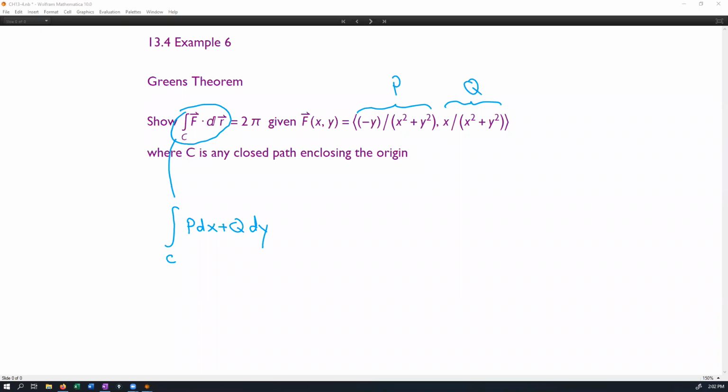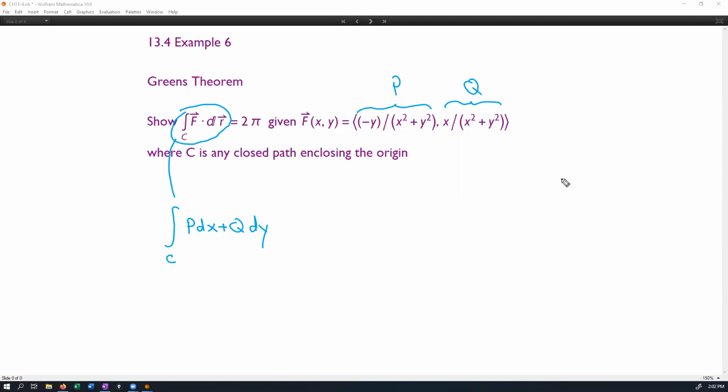This is one of those things that I want everyone to understand the challenge. We have a P, we have a Q. We know we need to do this computation, but when it comes to C, we have to come up with a parametric representation of C, but C is arbitrary.